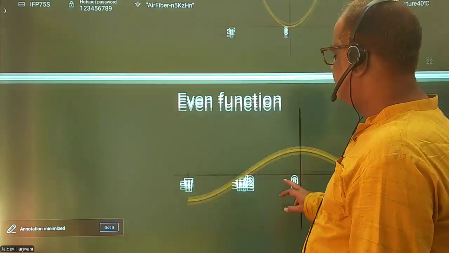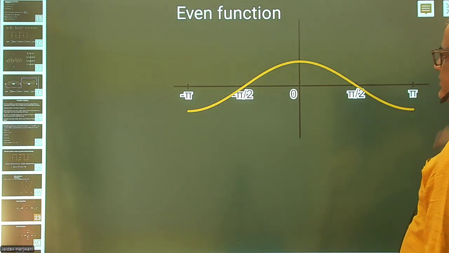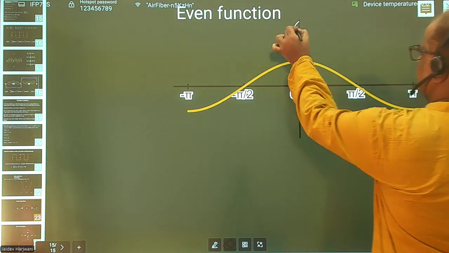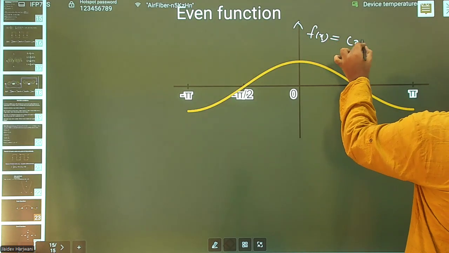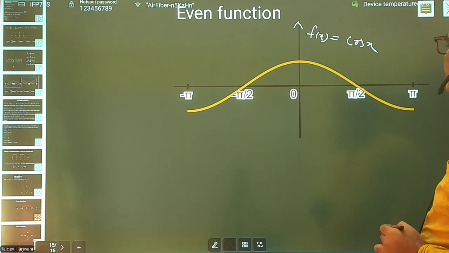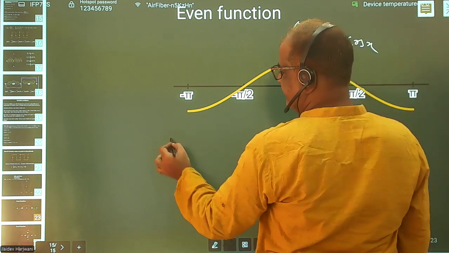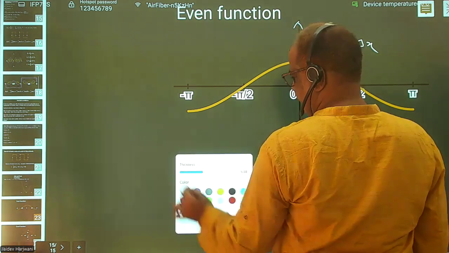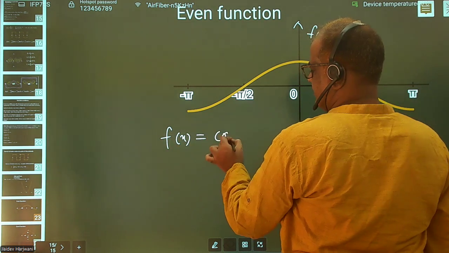Now we see another function, f of x is equal to say cos x, and this function is also an even function because f of x is cos x.